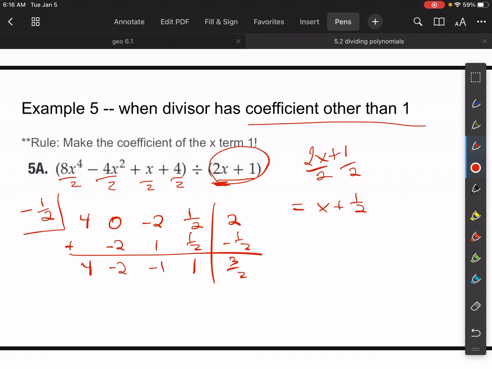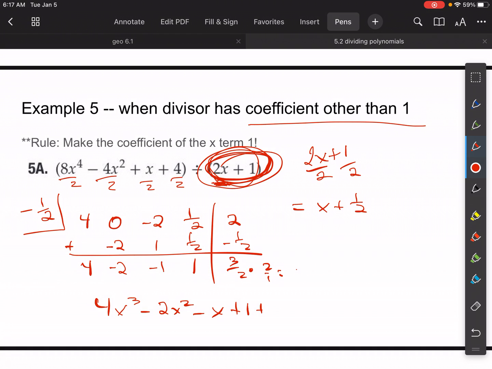Or 3 over 2. Okay, so what I'm going to do now is I'm going to rewrite this whole thing out. Okay, so I have 4x to the third minus 2x squared minus x plus 1 plus, and remember here that what I'm going to need to do is take my, since I divided by 2 in the beginning, one strategy, if you want to use this thing again, this original here for the remainder, you can multiply by 2 here at the end.